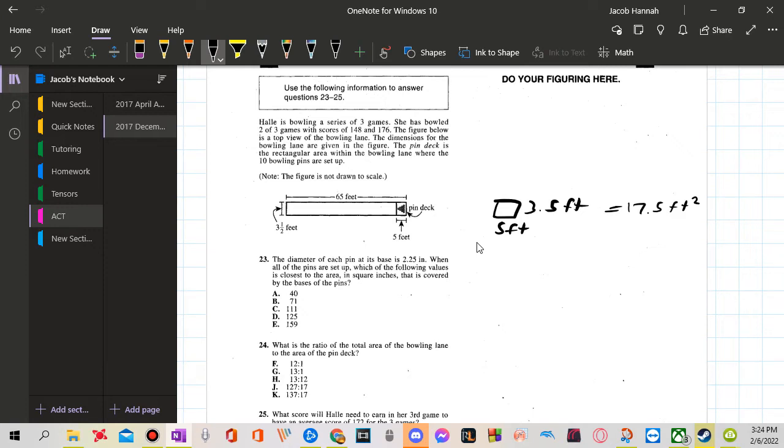So, they want the area of the inside, so if the diameter of each pin at its base is 2.25, when all the pins are set up, which of the following values is closest to the area in square inches that is covered by the base of the pins? That doesn't make a lot of sense.